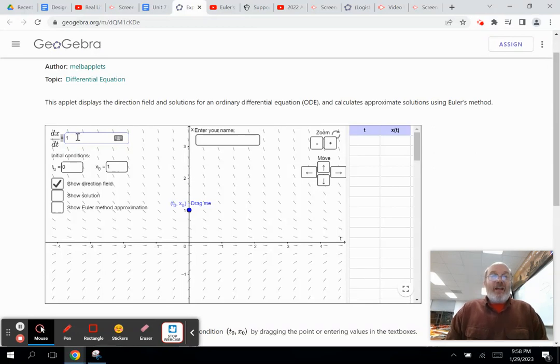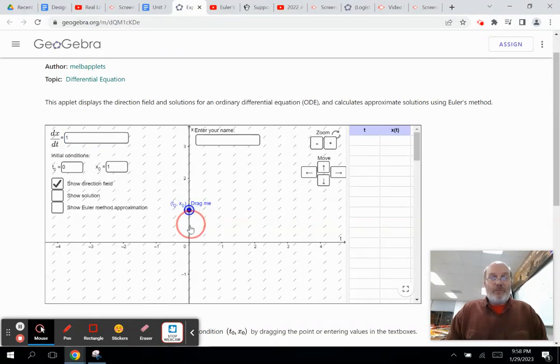So I'm going to look at this and know that the point (0, 1) is on the graph. That means when t is 0, x is 1. We'll get into that a little bit more later, but I want to show you right now. I'm going to move this down to here. Let's just swap it right here. You can set the original value in your applet to (0, 0), and then we'll work from there.